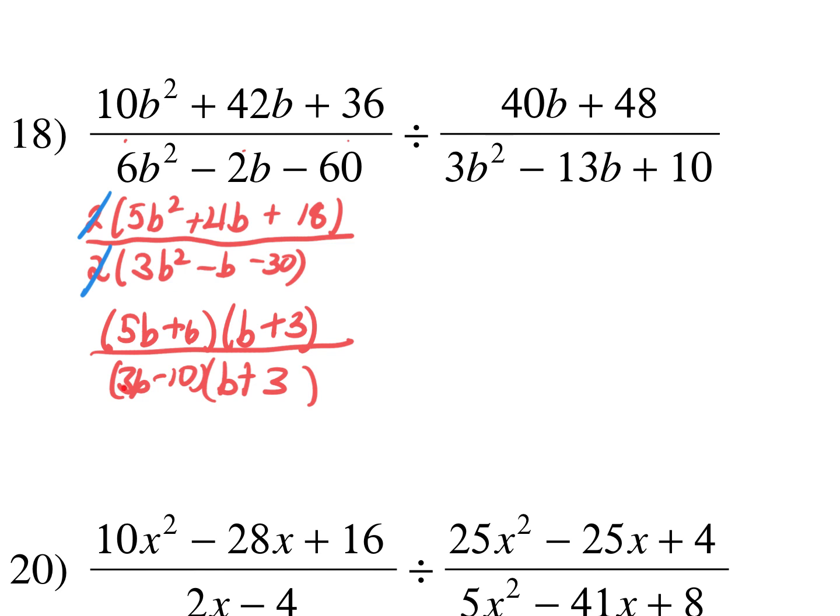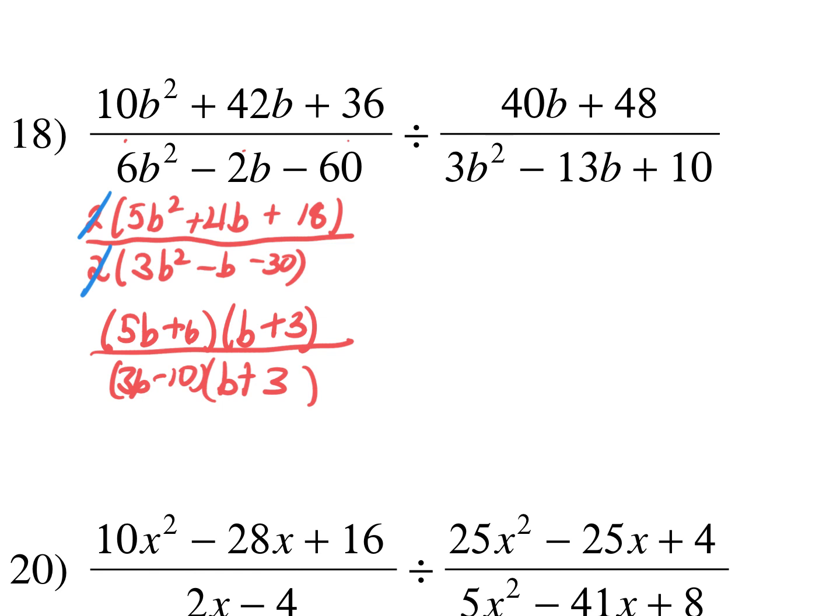Remember, always check yourself. 3b times b is 3b squared. 9b and a negative 10b is negative 1b. And then our last part is negative 10 times 3 is negative 30. So we have the first fraction factored now.